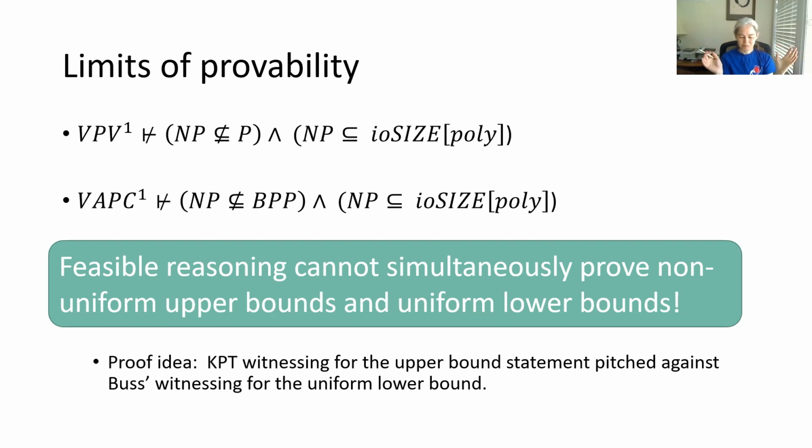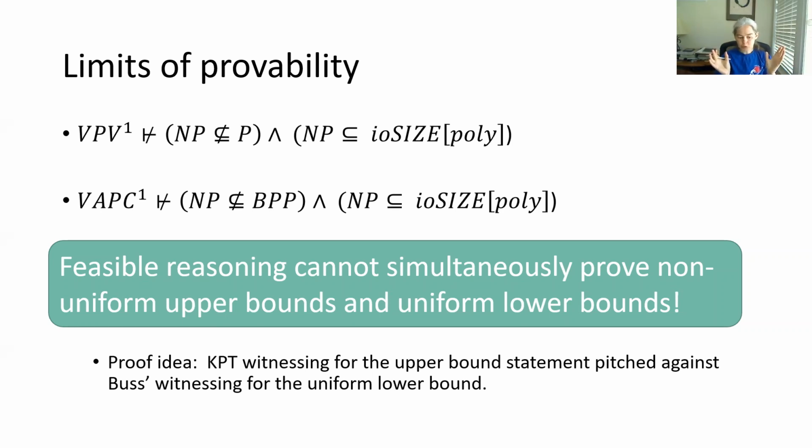which shows how the interplay between upper bounds and lower bounds and different kinds of witnessing can give you unprovability. So here is a statement. Even though it's unlikely, it's possible that P is not equal to NP, and yet that non-uniformity is so powerful that all of NP can be done by polynomial-size circuits.